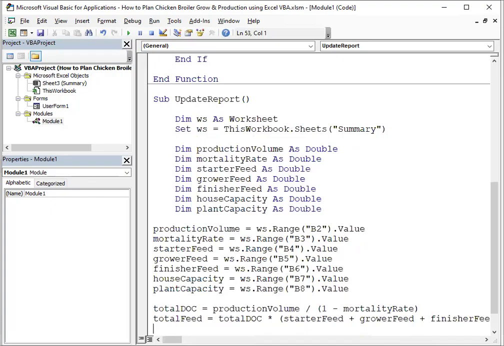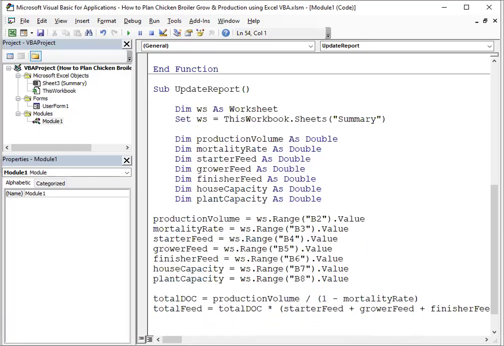Okay, then the next thing is I'm gonna be doing a conditions statement to make some calculations.